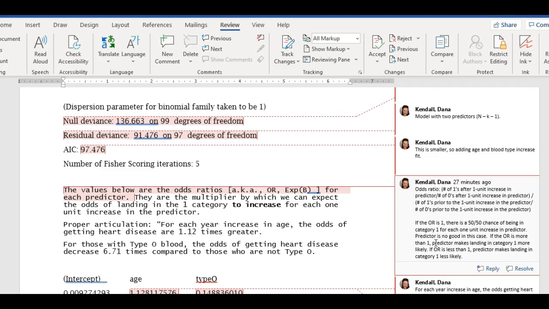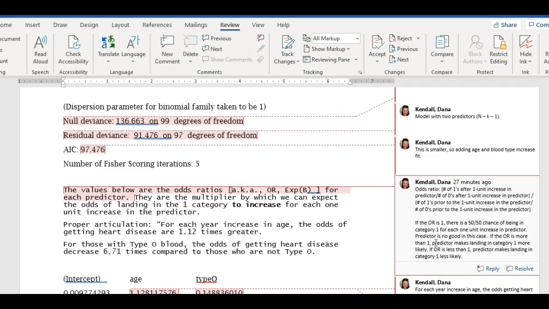So it's going to increase the likelihood of the event that we're looking at, in this case heart disease. Now, if that OR is less than 1, so it's a decimal, then we know that increasing the predictor makes landing in category 1 less likely. Okay, so increasing that predictor is going to decrease the odds of landing in category 1. All right, so that you have to know.